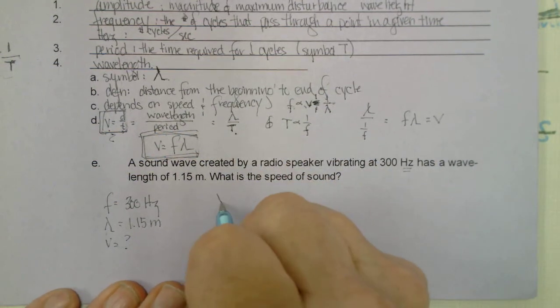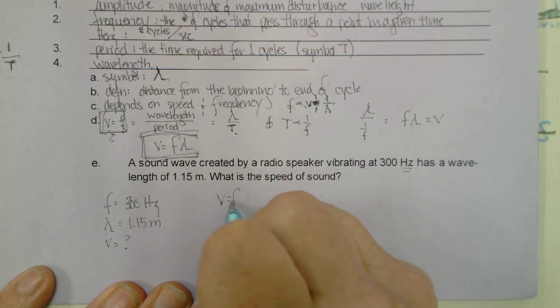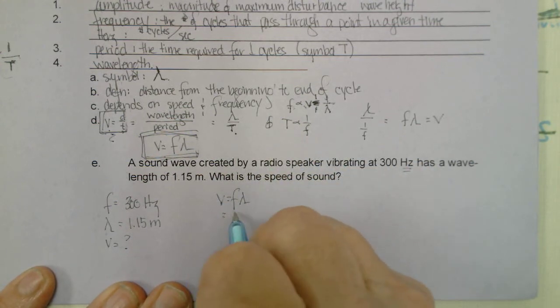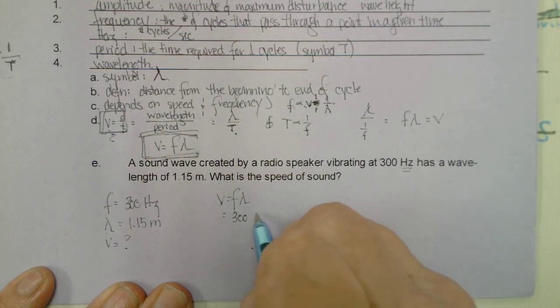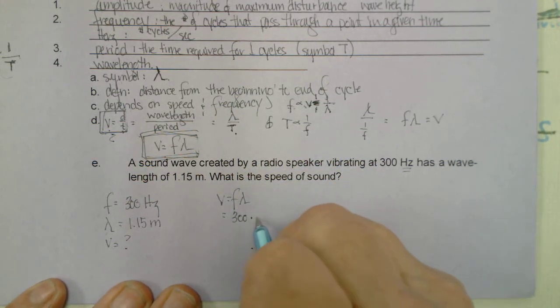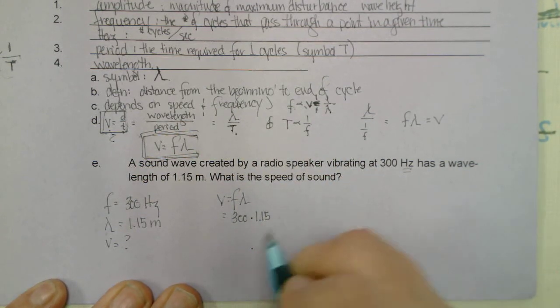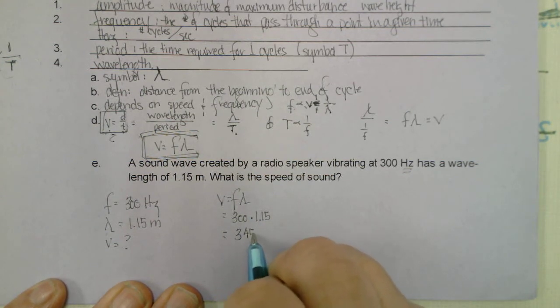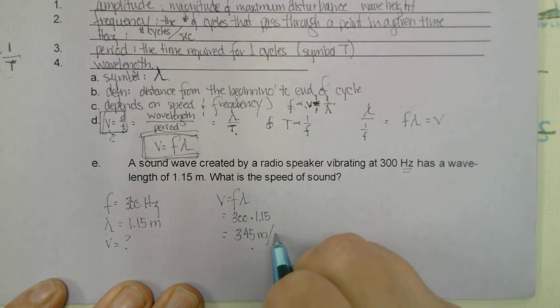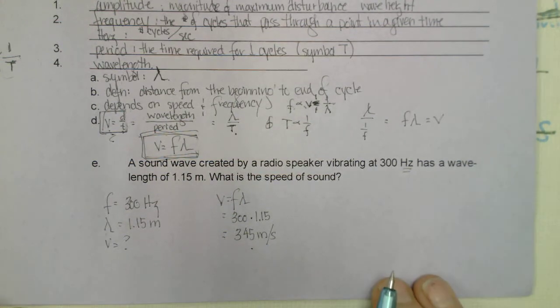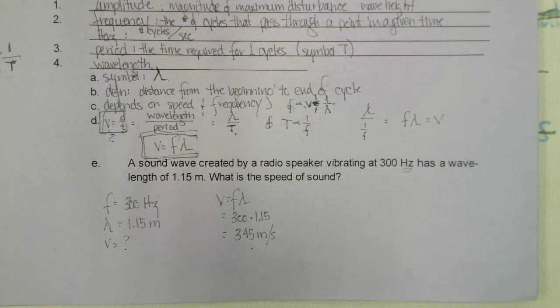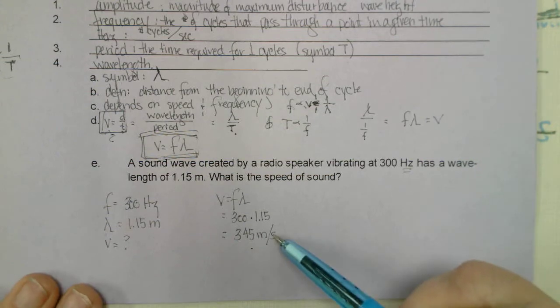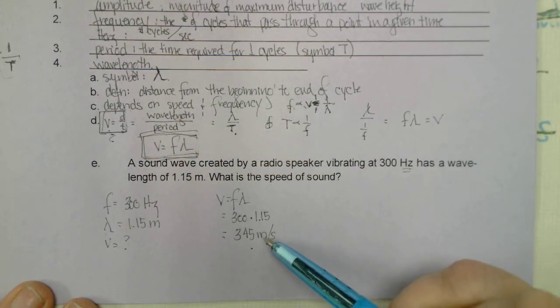All right, so V is equal to f lambda, which is equal to 300 times 1.15, which is equal then to 345 meters per second, which is an average speed of sound. 340, 345. Depends on the conditions, the density of the air, how fast the sound is going to move. But that's a typical sound velocity.